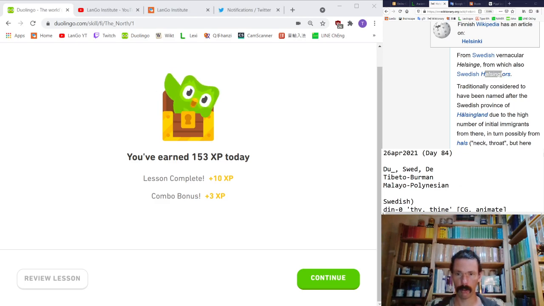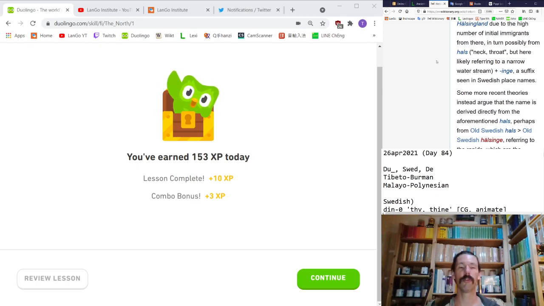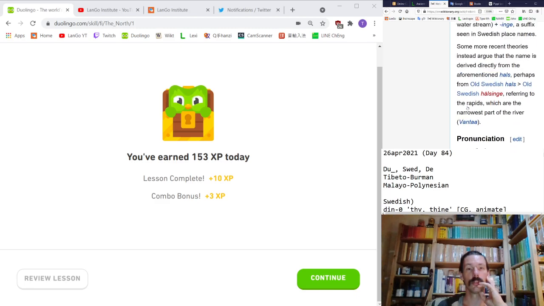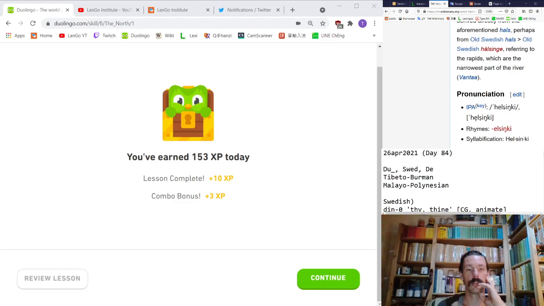The second component, F-O-R-S. Traditionally considered to have been named after the Swedish province of Hälsingland due to the high number of initial immigrants from there, in turn possibly from hals, neck, throat, and inge, a suffix seen in Swedish place names. Or Hälsinge, referring to the rapids.